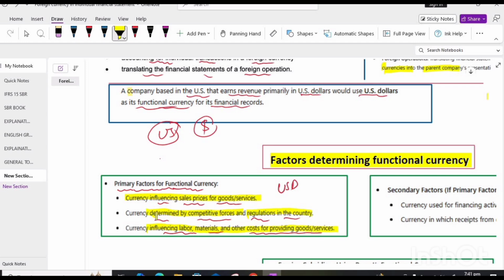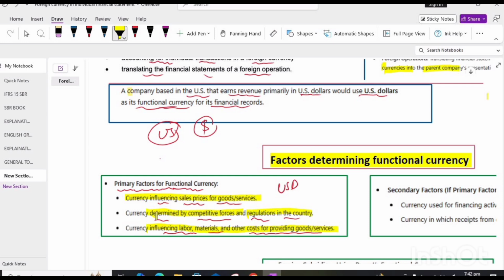Let me give you an example. A clothing company operating in Bangladesh sources its material and pays wages in Bangladesh. That currency is the taka, the local currency where most of its expenses are anchored. So the taka will be the functional currency for that company. The currency determining the cost structure may be different from the currency used for pricing.